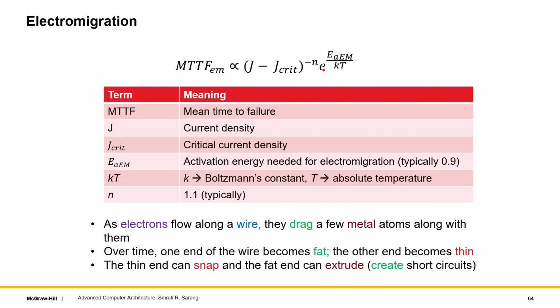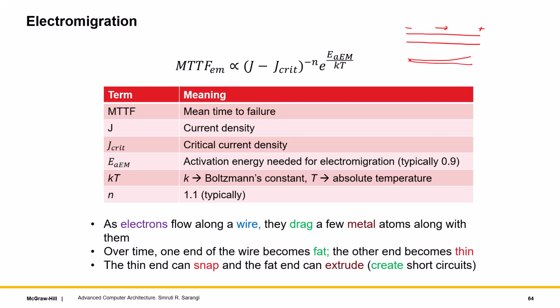So electromigration, the idea is like this: let's say this is a wire. Over time, if electrons are flowing in this direction, they will of course flow, but they will drag a little bit of the metal atoms along with them. So over time, one side will become fat and one side will become thin, kind of like this, right?